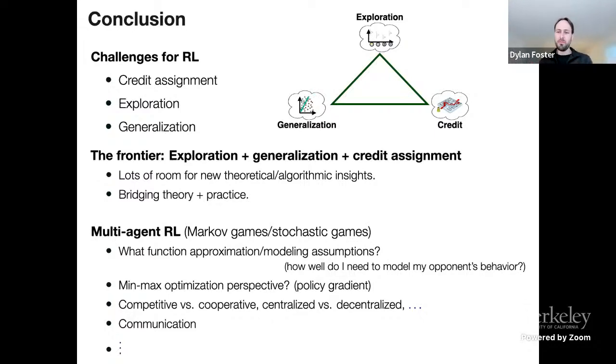What do I need to be able to model about what my opponent is doing? Or, we looked at this optimization perspective on RL in the first part of the tutorial. Once we go to multi-agent RL, that becomes something close to a min-max optimization perspective. So this is also very much along the lines of the theme of this workshop and program. Those are just a couple questions. There are many more, but I think it should be a lot of fun, and I'm looking forward to it.